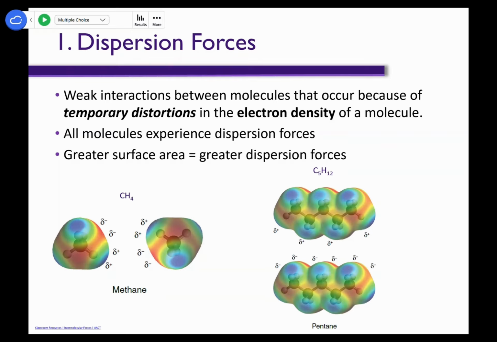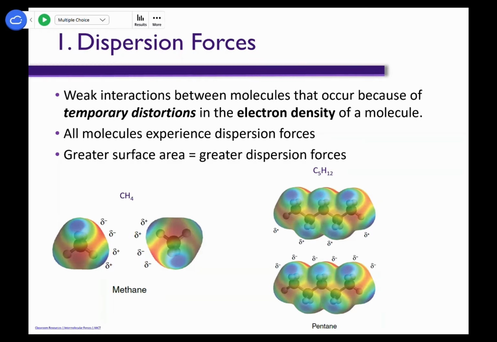So one moment it's here, one moment it's there, which means the nucleus at the center of this molecule is going to be more accessible or less accessible depending on where in the jiggle we are, okay? So we have a temporary distortion in the electron density, happening all the time, that's jiggling all over.